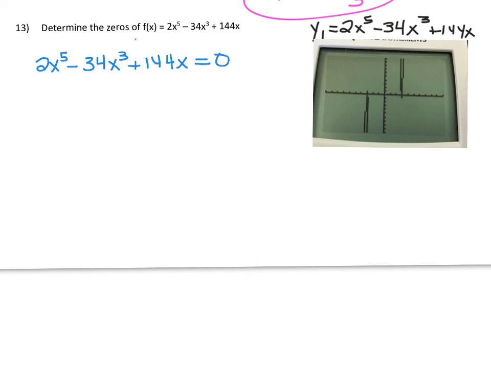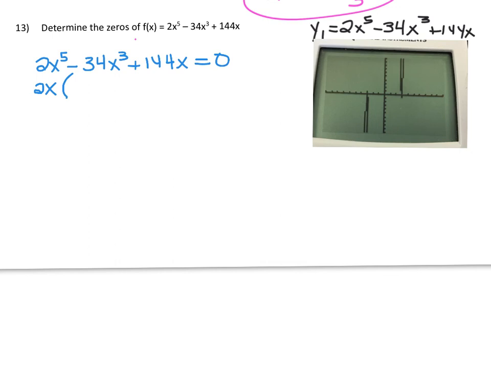Now, the first thing I'm going to do is I'm going to say, can I factor out a greatest common factor? So yes, I can. I can factor out a 2x. Okay, so I'm going to solve this by factoring and making a t-chart.